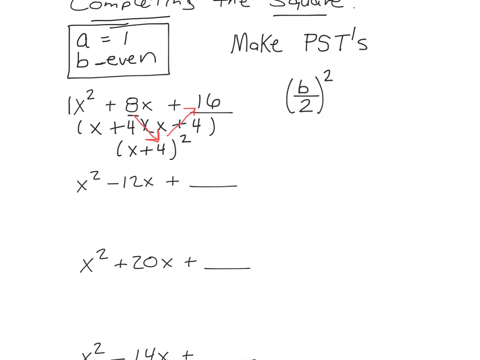If I take half of b, which is negative 6, and square it, I get 36. And then how would this factor? x and x, both signs are negative, 6 and 6. And you can see if I check this, negative 6x and negative 6x is negative 12x. And I could write it as x minus 6 squared.